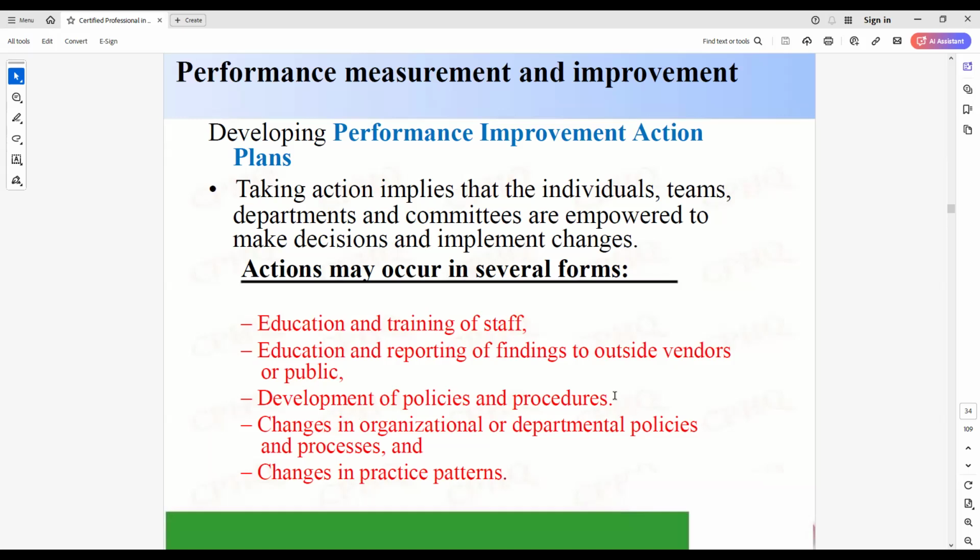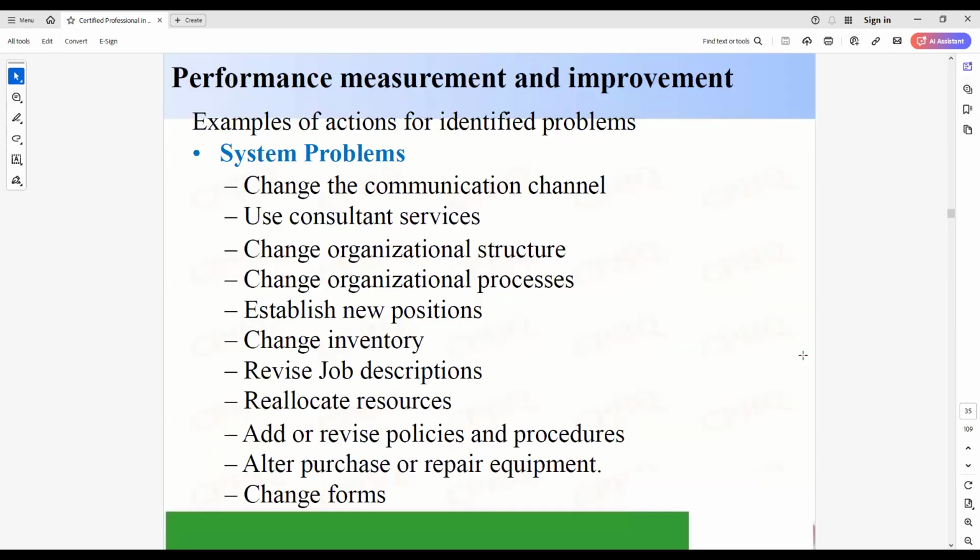Development of policies and procedures is a common example for improvement action plans. Changes in the organization or departmental policies, so reviewing the policy based on a problem that had happened. Change in practice pattern, so you change the way you practice in the organization as an improvement process.